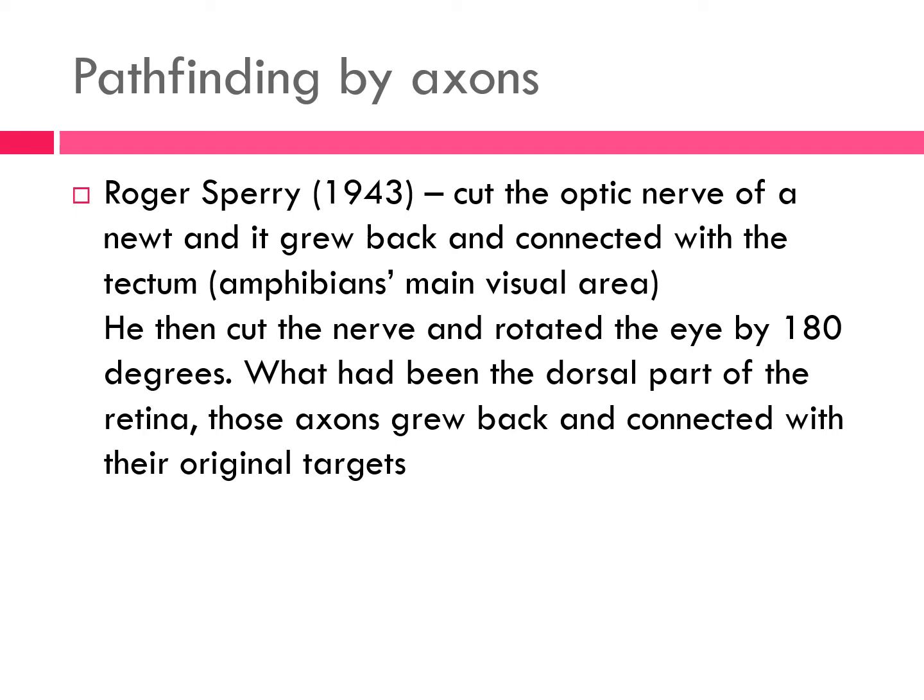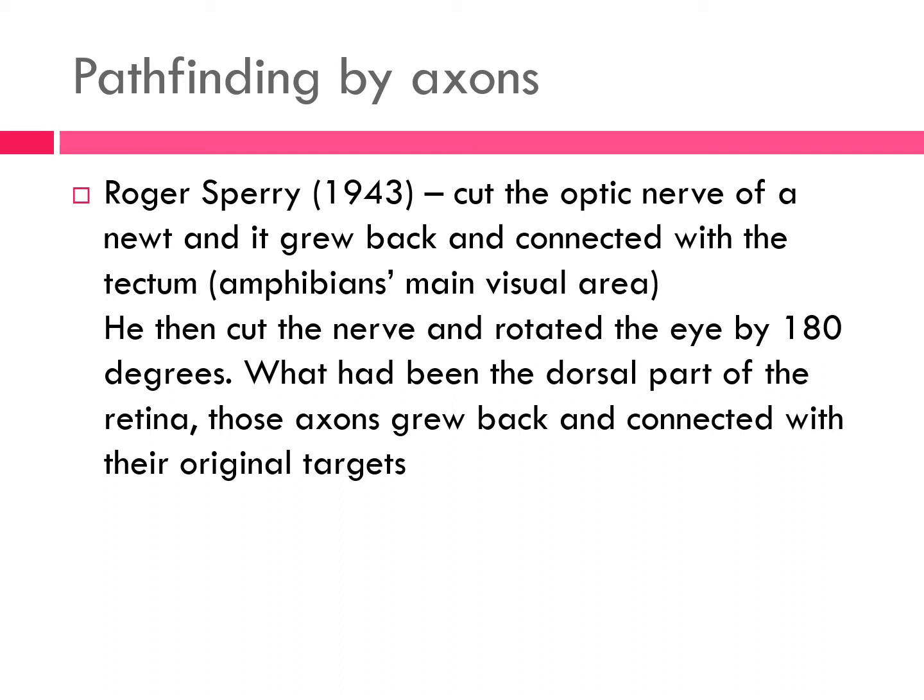They get the tectum. He then cut the nerve and he rotated the eye by 180 degrees. And I always have to do this with my hands. So flipping the eye basically upside down. What had been the dorsal part of the retina was now the ventral part of the retina, and vice versa. What was the ventral part of the retina is now the dorsal part of the retina.